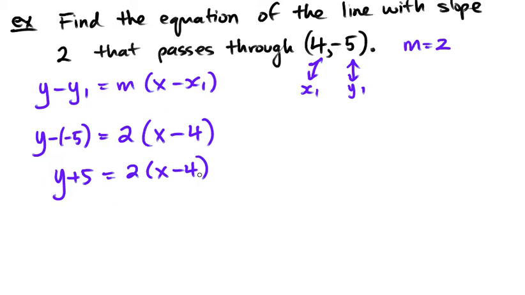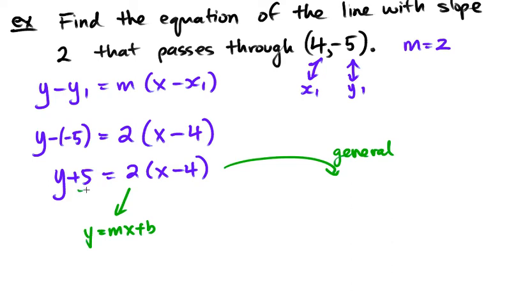Now, we don't generally just stop here. Sometimes we do, but usually we state the equation either in terms of y equals mx plus b, or in general form. So let's see how we might switch it around so that we can get it into these two forms. If you want it into y equals mx plus b first, right now we have y plus 5, and I just want y, so I would subtract 5 on both sides, and I would get y equals 2x minus 4 minus 5.